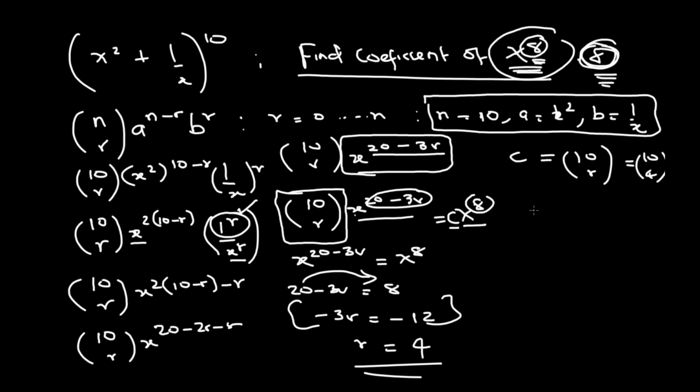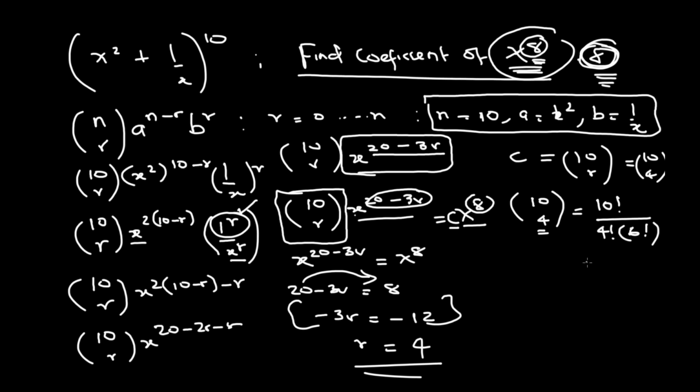So what value are we going to get from this? We can say that it's going to be 10C4, which is equal to 10 factorial over 4 factorial, and then 10 minus 4, which is 6 factorial.